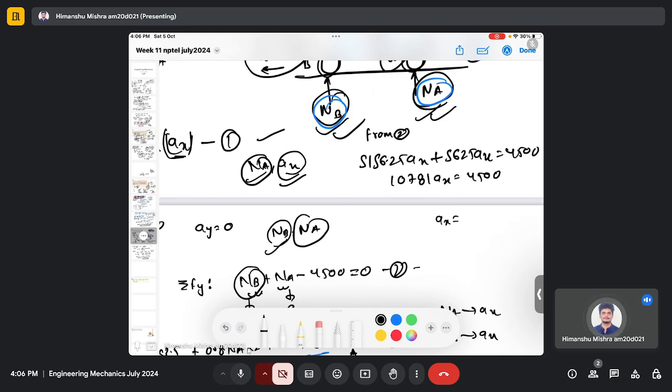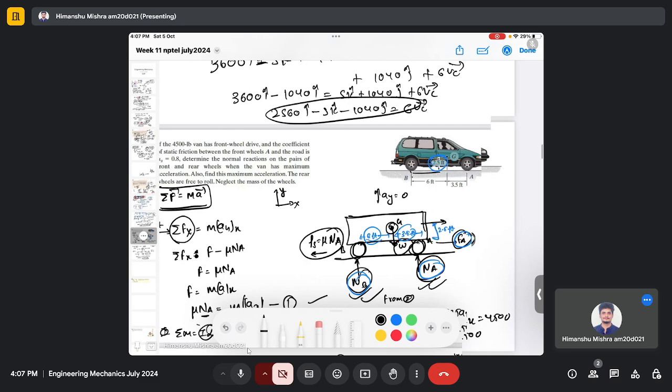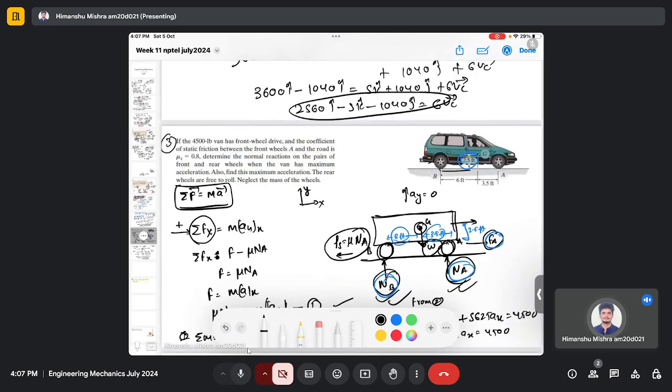So my AX will be 0.4 feet per second square.